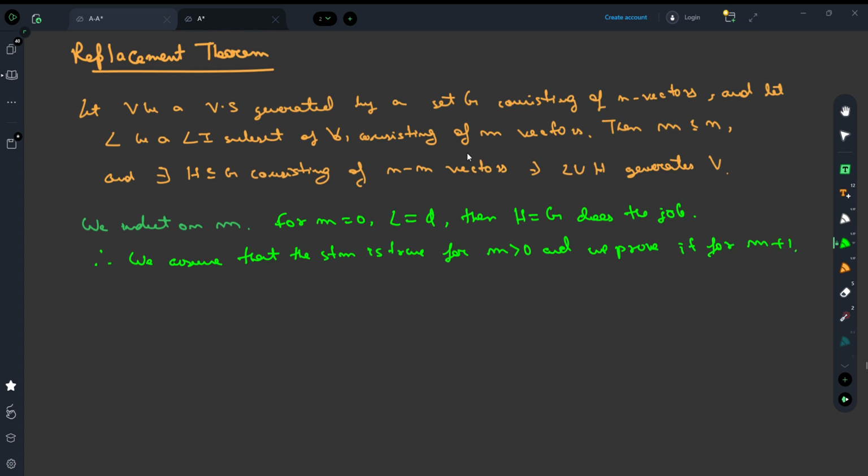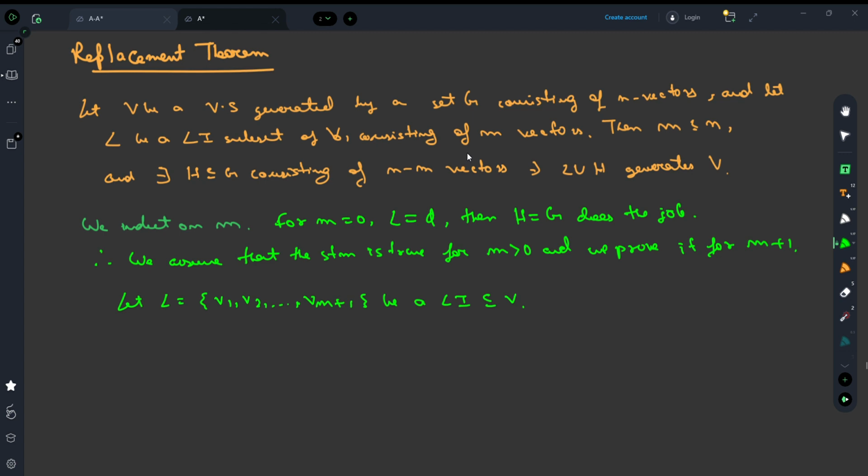To do this, what we actually need is that we consider this linearly independent subset of V to be a collection of m plus 1 vectors. Okay, let L be a collection of m plus 1 vectors. So we have v1, v2 till, let's say, vm plus 1. Let this be a linearly independent subset of V.